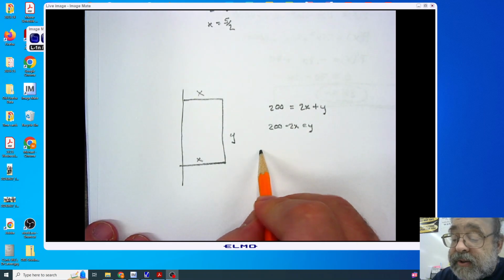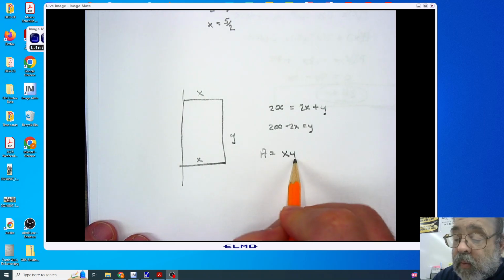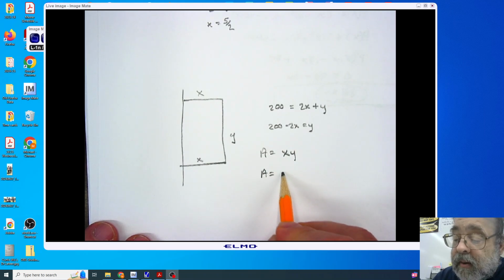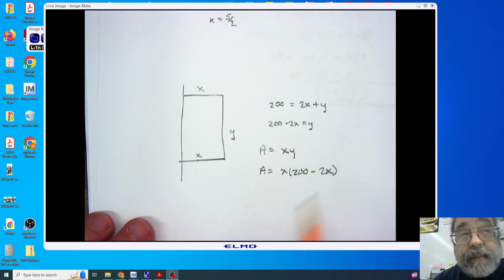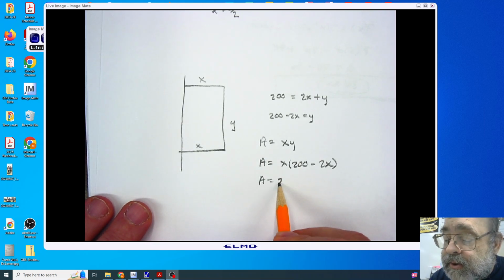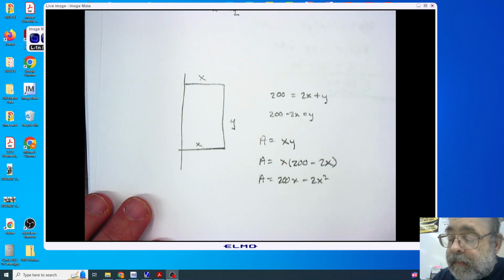We're trying to maximize the area, and the area is x times y. Since we know what y equals, we can plug it in, and we have x times 200 minus 2x. I'm now going to simplify it so that area is 200x minus 2x squared.